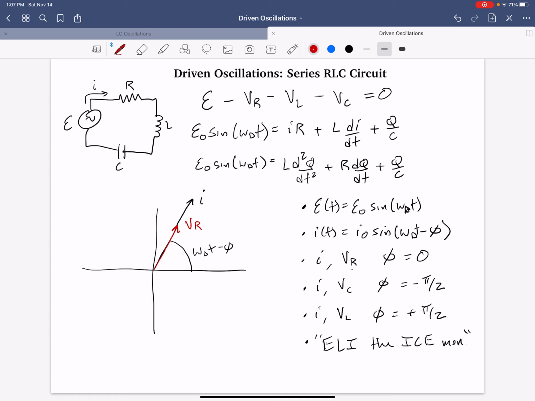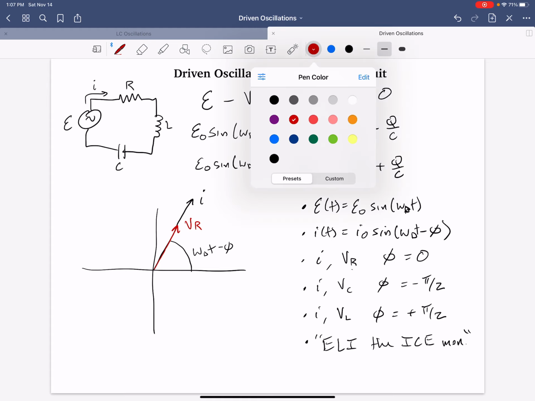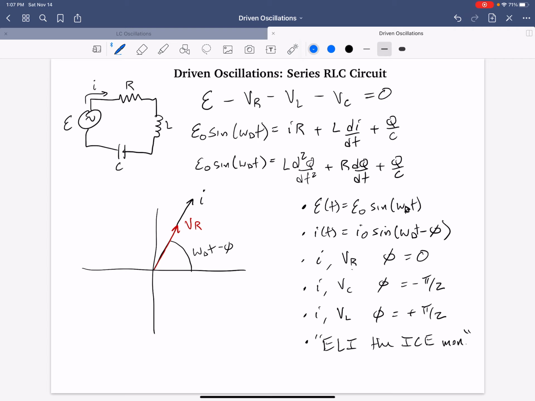All right. Next, let's graph the phasor for the voltage for the capacitor. Let's do that in blue. So going down to our memory aid, ELI the ICEman, for a capacitive load, the voltage VC is lagging behind the current.